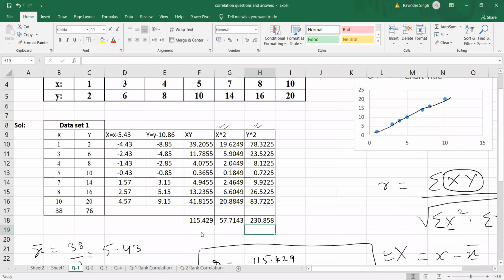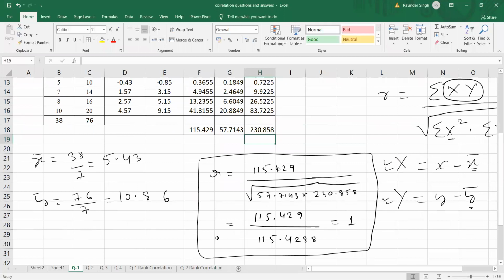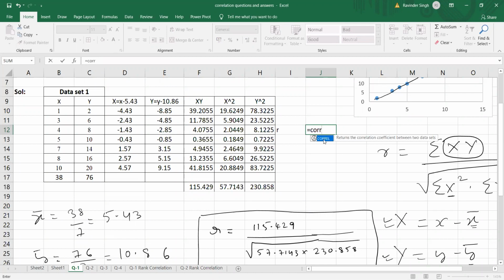So this is all about the correlation coefficient. I'm not done yet with correlation coefficient. This is the one part I've just covered. So any doubt in this particular formula, please let me know. You can also find the R value directly in the Excel sheet. So I will show you how to find it, just to cross verify our answer. We have to just write the correlation. So you can see the word called CORREL.